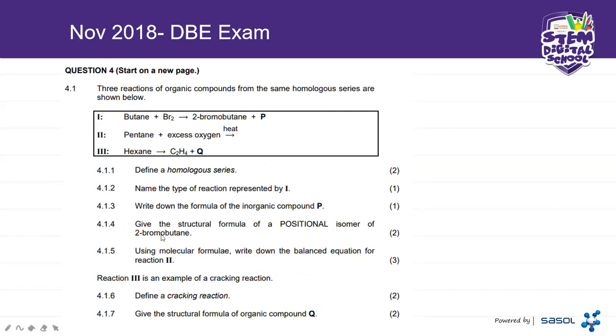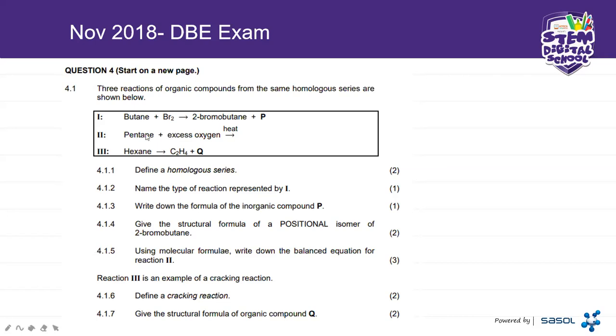Okay, so using molecular formula, write down the balanced equation for reaction 2. Here we know it's pentane plus excess oxygen, but how are we going to do this? Remember what I spoke about when I talked about combustion. The result of a combustion reaction is carbon dioxide plus water, CO2 plus H2O.